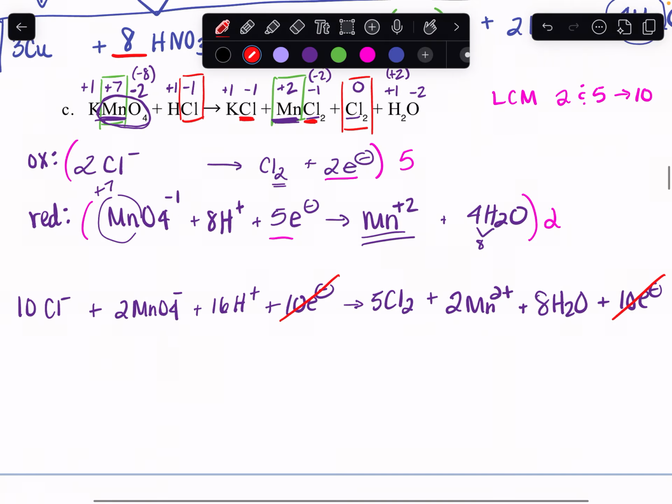So I know on the reactant side, I'm trying to make permanganate and hydrochloric acid. I do have that base for permanganate here. So I'm going to say I have 2 K, potassium is a spectator ion, bring it back in, 2 KMnO4, plus I know I'm going to make HCl, right?